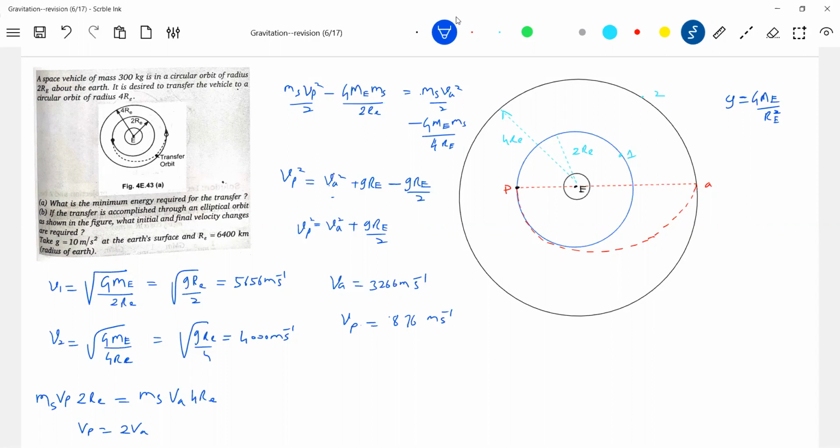Kilometers? Meters. Convert into meter radius.